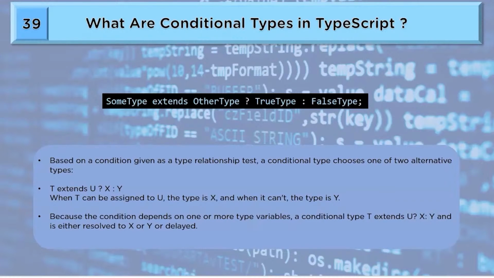Whether to resolve to X or Y, or to defer, when T or U contains type variables is determined by whether the type system has enough information to conclude that T is always assignable to U.